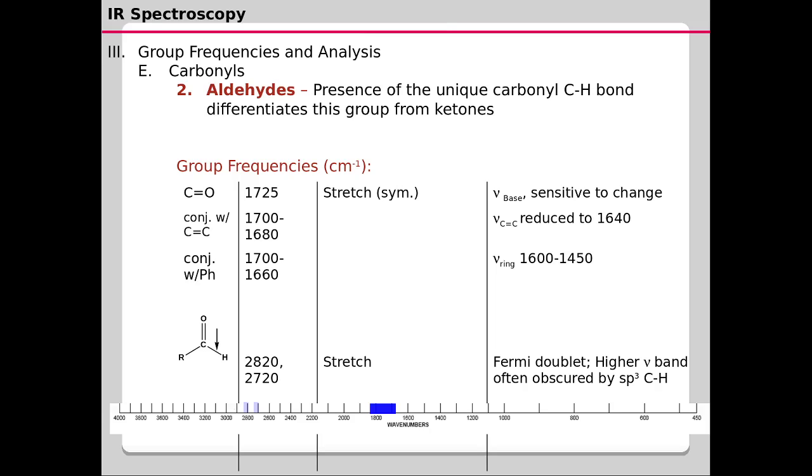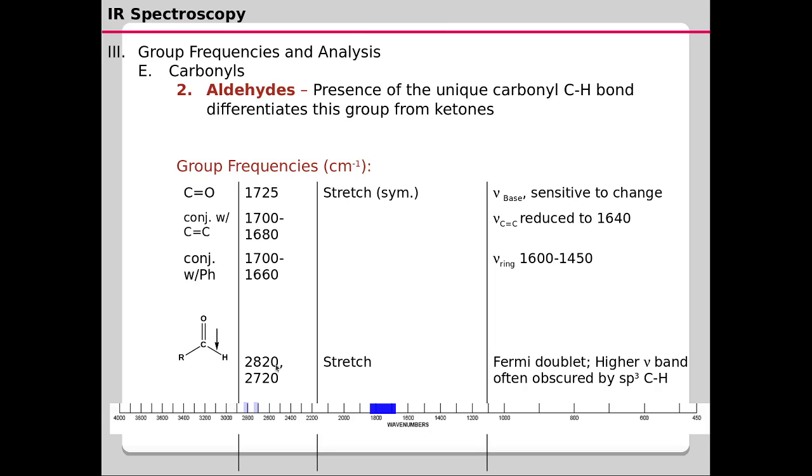This happens due to a coupling mechanism involving the bending vibration of the carbon-hydrogen bond, which occurs at about 1390 cm⁻¹. When you multiply the frequency of this fundamental bending vibration by a factor of 2, 2 times 1390 cm⁻¹ comes to around 2780 cm⁻¹.